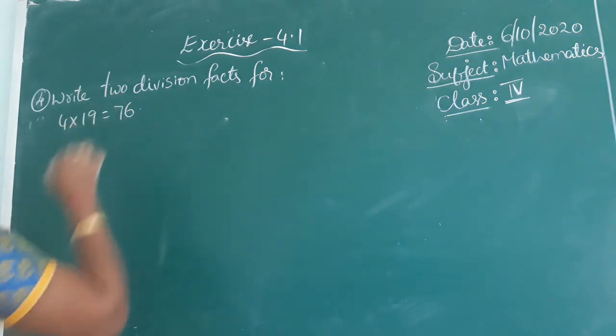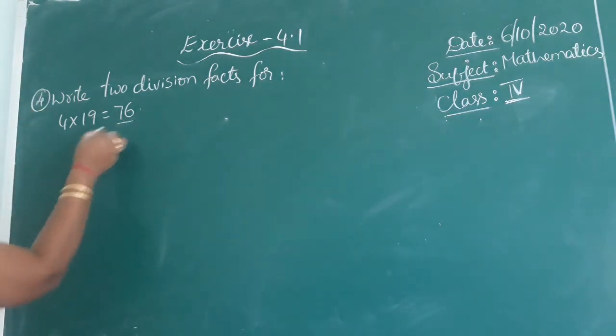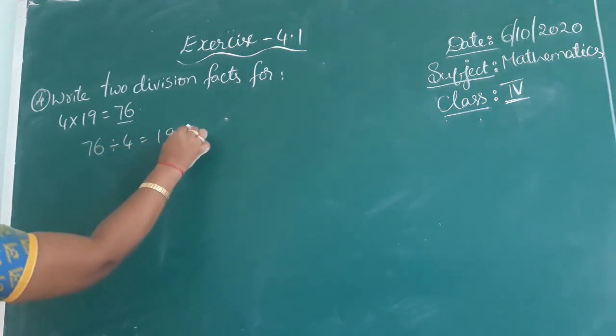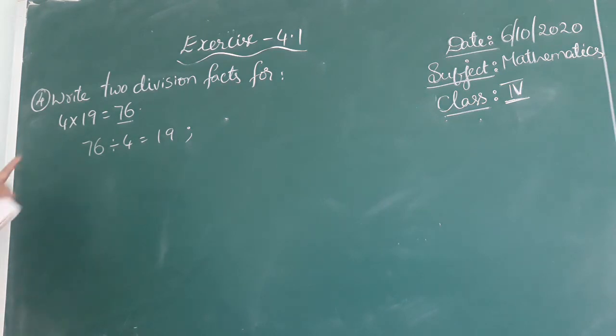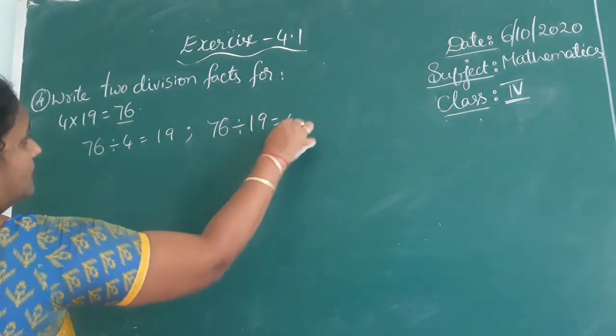They are asking us to write the division facts for these numbers. So what are the division facts? First, 76 divided by 4 equals 19. And the next division fact, 76 divided by 19 equals 4.